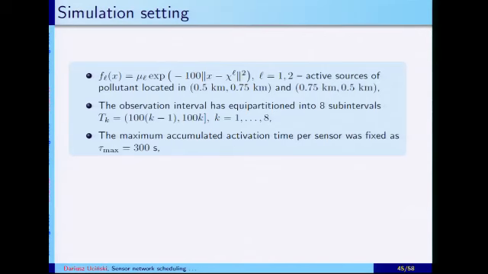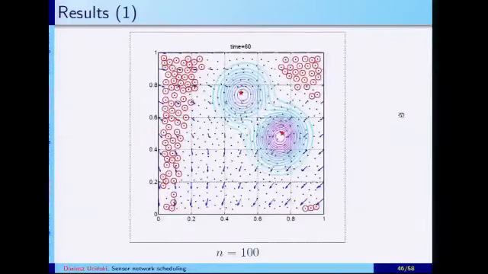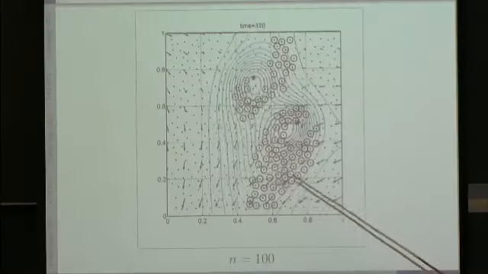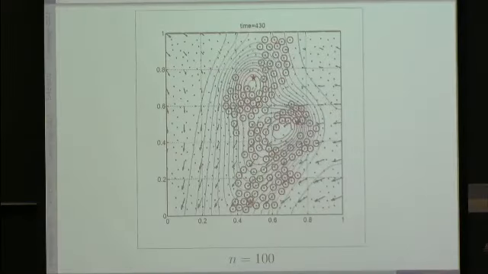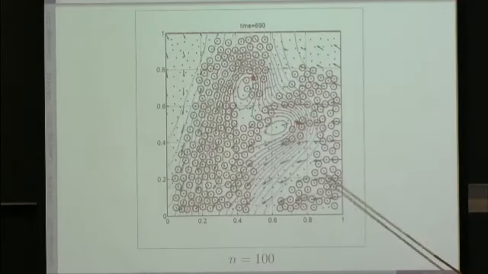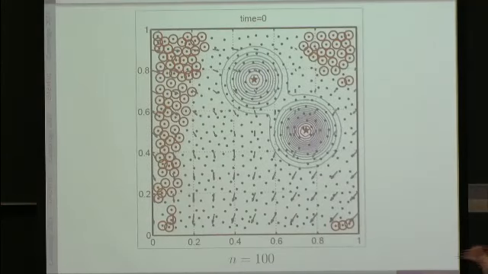This is an advection diffusion equation, so we also have some wind. So here you can see the spread of the pollution concentration. The arrows denote the wind directions, and here you can see active sensors. So it changes dynamically. It follows the evolution of the systems. We have here 100 sensors selected.